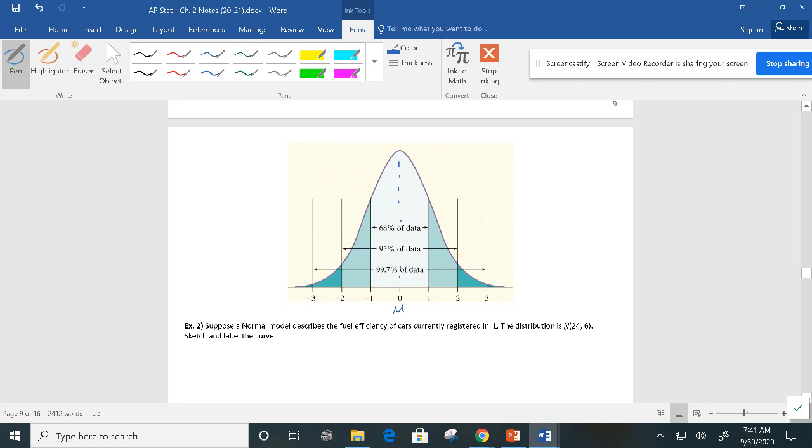We know 68% is within 1 standard deviation of the mean, so that would make 34% here, 34% here, 13.5%, 13.5%, 2.35%, 2.35%, and then these little values here are 0.15% and 0.15%. So it's important that you know the distributions that are related to that.